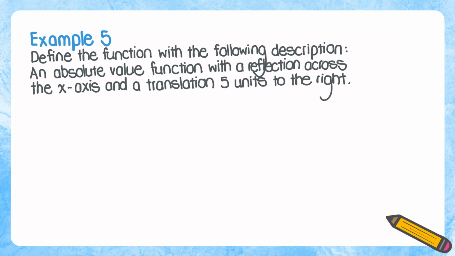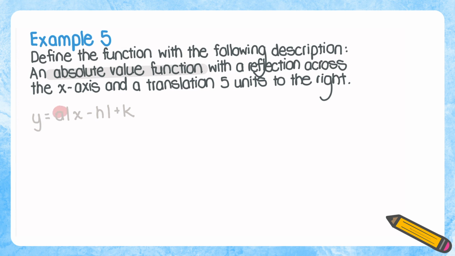So we have an absolute value function. So what would that look like? y equals a times the absolute value of (x minus h), also plus k. Let's find the values for a, h, and k.